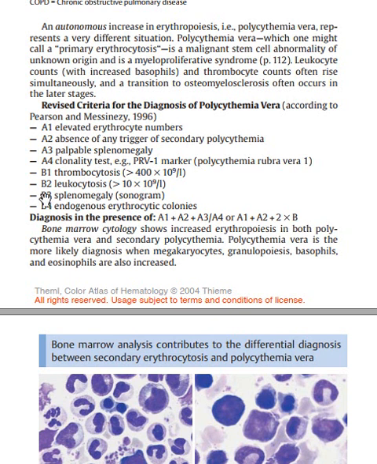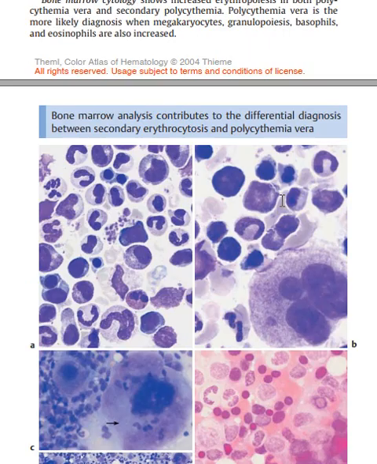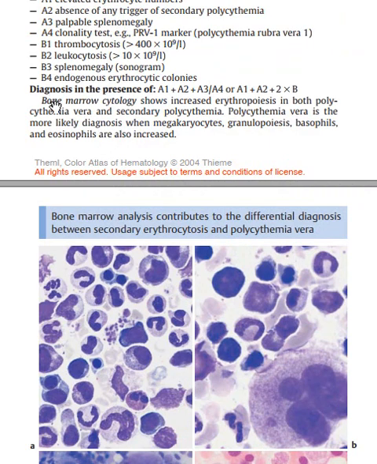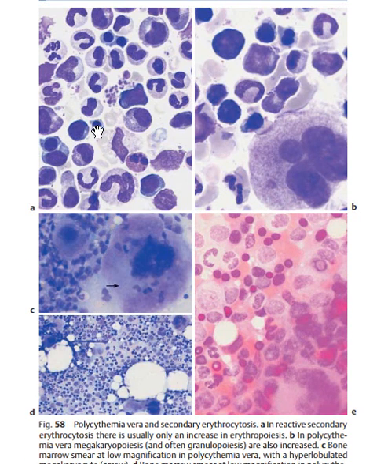Now, in order for you to make a diagnosis, it is A1 plus A2 plus A3 or A4, or A1 plus A2 plus two B criteria. Is it clear? If you have two B, it means that you have all that. Is it clear? So those are the different cases. So that's the diagnostic criteria of polycythemia vera.